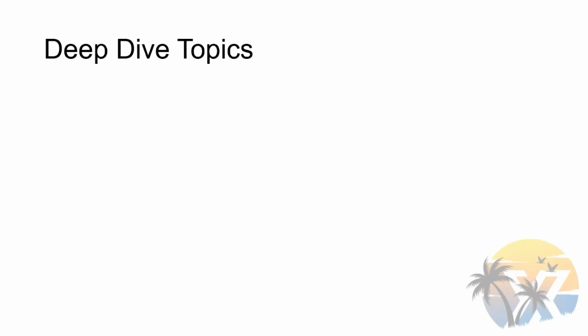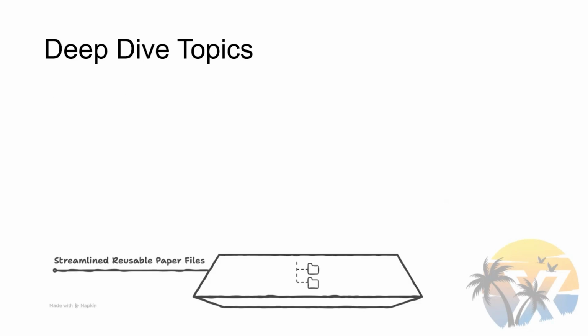So today we're going to do a deep dive into the following 4 topics that helped us achieve our goal. Starting with the basis of the session today, streamlining reusable paper files. We're going to focus on less repetition for our designers and more consistency in our deliverables.